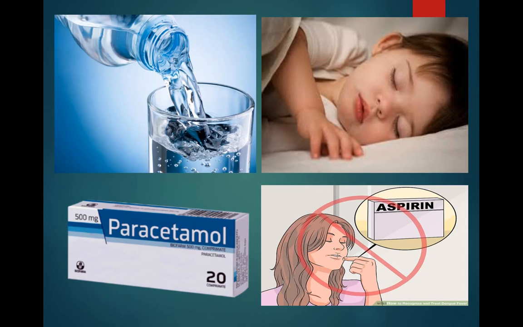A simple antipyretic, that is a drug which can decrease fever, is paracetamol.